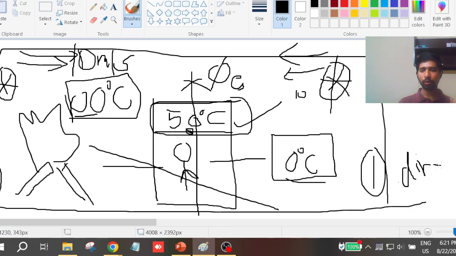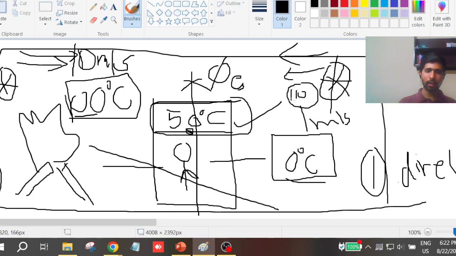Also, not only direction, it depends on the magnitude of this velocity also. Now, if I had the air being blown at only 1 meter per second, again this would not matter much. Still, the person would feel a temperature somewhere near 50 only, say 45 degree or something like that.